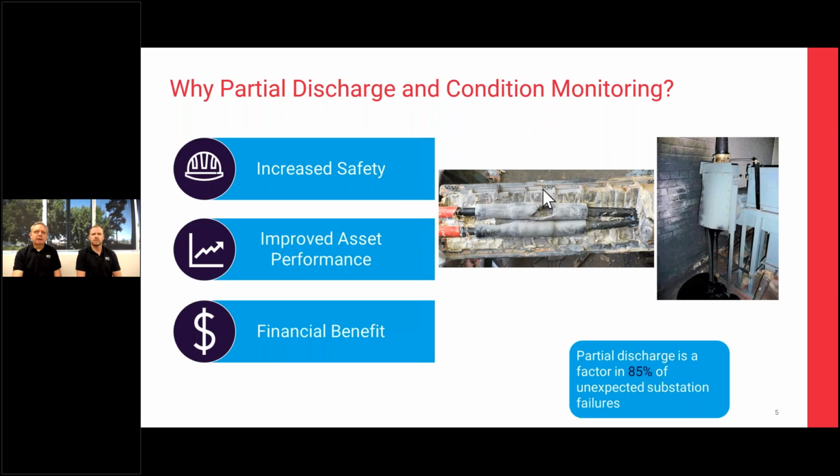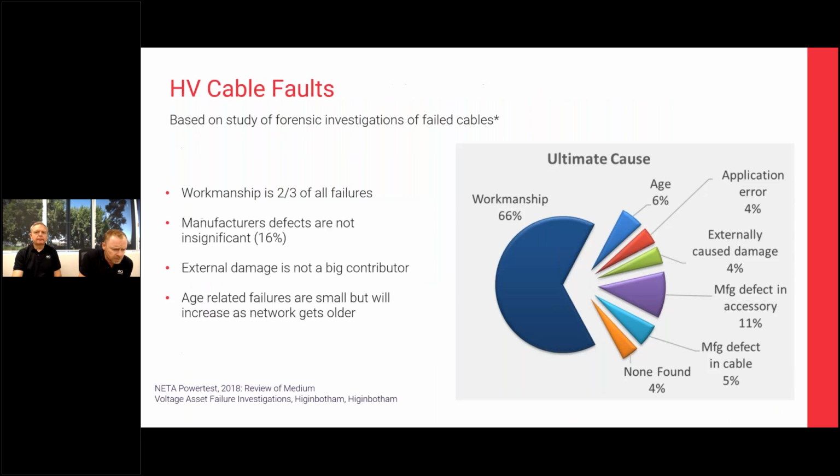So if we can prevent this sort of thing happening or be proactive in taking these defects off the system, we're going to improve our safety, we're going to get improved asset performance. And if we do those two things, we're significantly going to get financial benefit. So there's a cost, safety, and an asset performance benefit in preventing these failures.